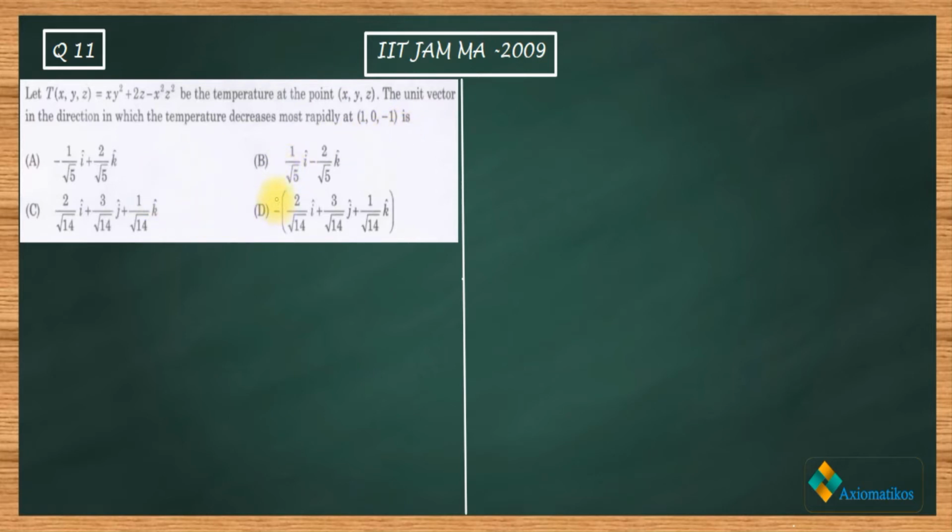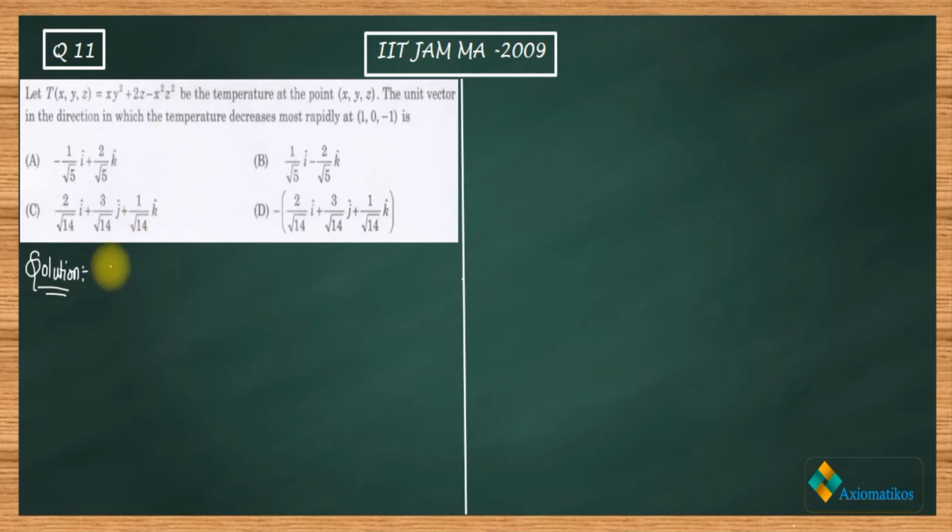What you have to determine here is the unit vector in the direction in which we will get the temperature decreasing the most. So we need a direction in which the temperature decreases rapidly, at this point. Now let us proceed.